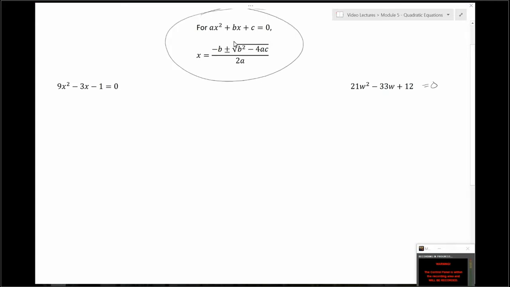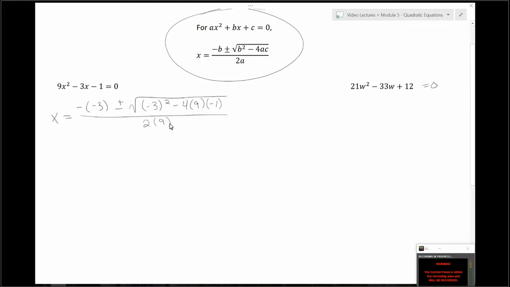And if our quadratic is in standard form, then our solutions are x equals, and plugging in our a, b, and c. So negative negative 3 plus or minus the square root, negative 3 squared minus 4 times 9 times negative 1, all over 2 times 9.